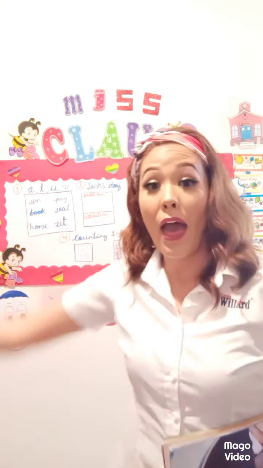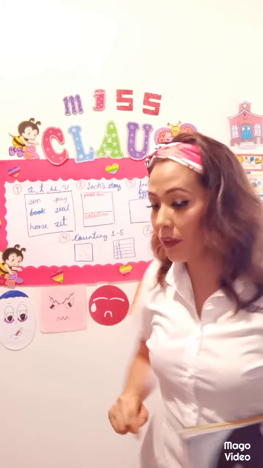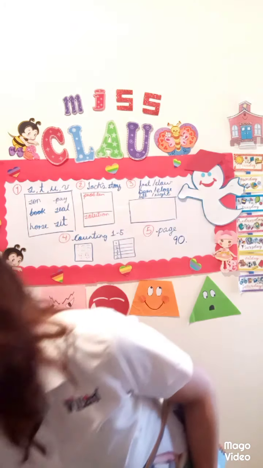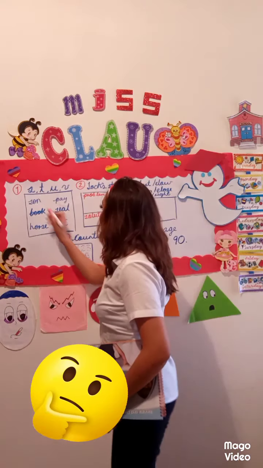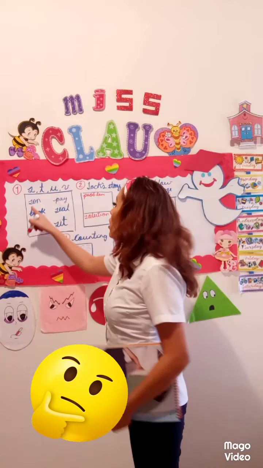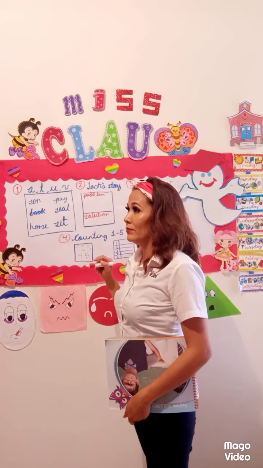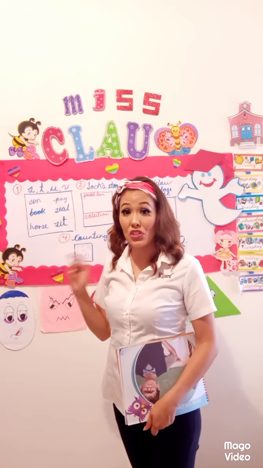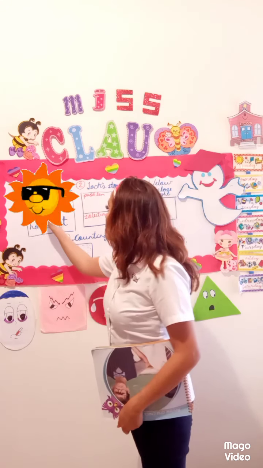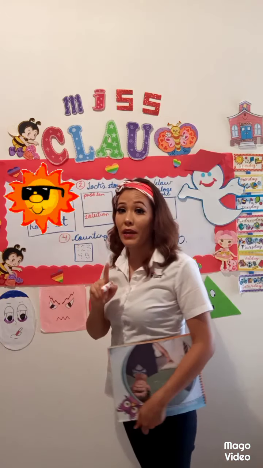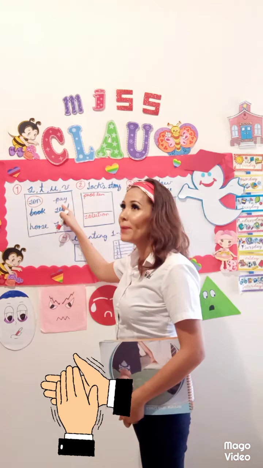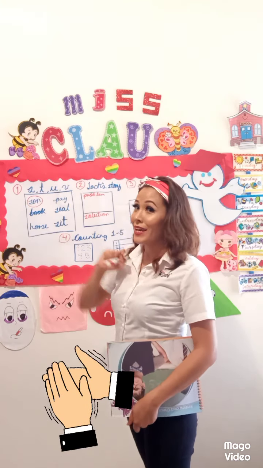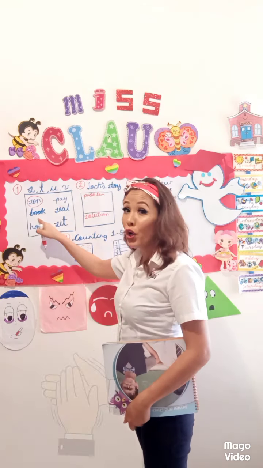They have to identify the initial letter sound and circle only the words that belong to the letter sound S. For example, sun, it's a letter sound S in the initial letter. Yes, circle with red color.